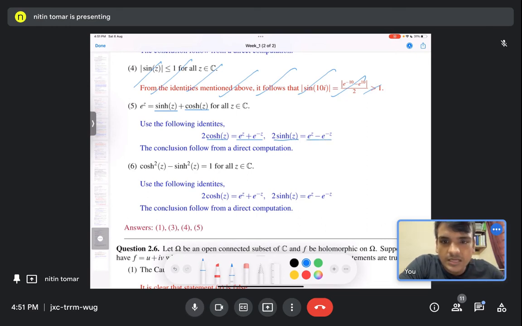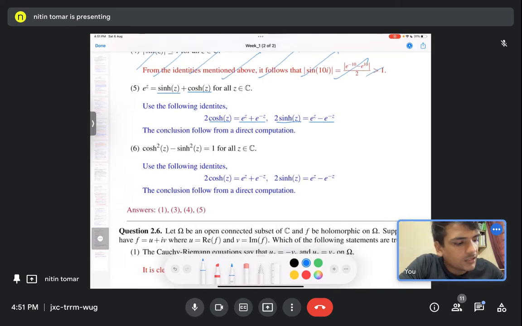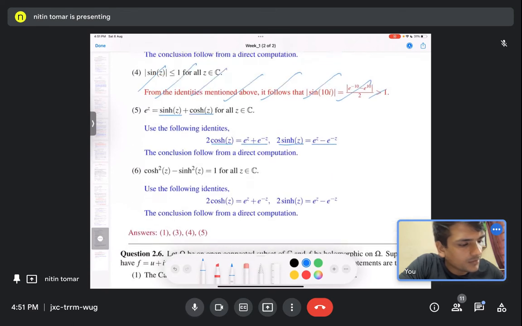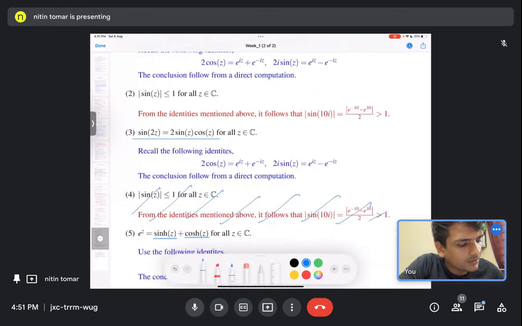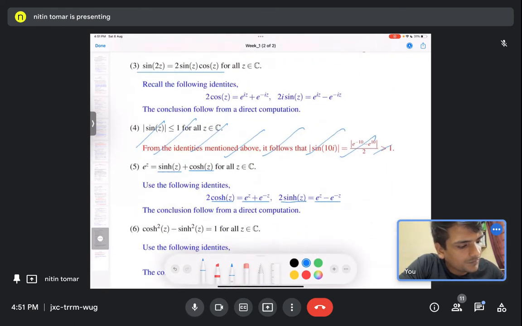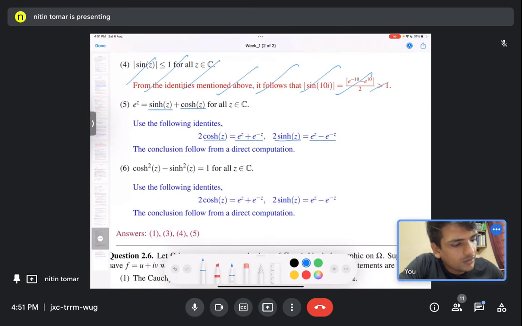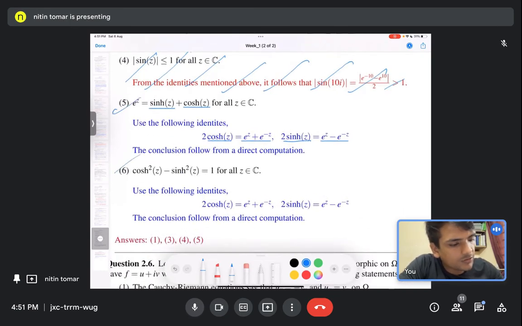You use this and your conclusion will follow, and the same goes for the last question. So the correct options are 1 and 3, I think. Yeah, this is also true. This fourth is not sixth.